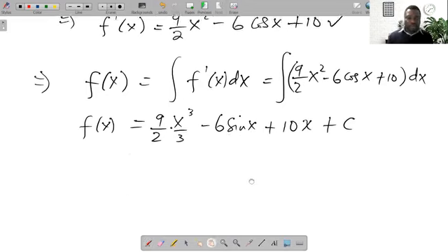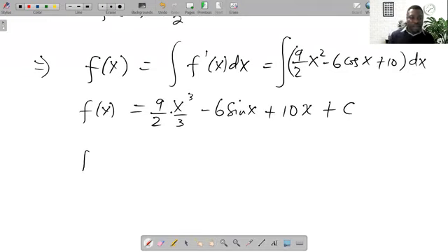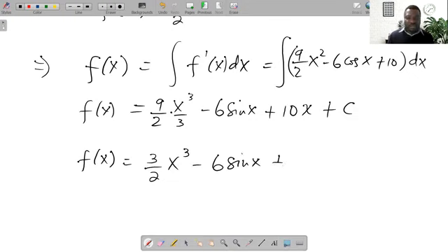If we simplify, we're going to have 3 crossing out that. So that'll be 3 over 2 x cubed minus 6 sine x plus 10x plus my c. A condition was given, f of 0 equals 4.